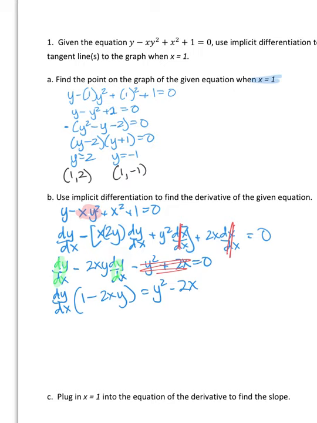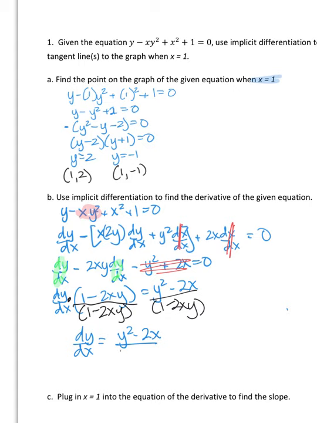What happens next? Remember, this is multiply. The inverse is to divide all by that. So our derivative of y with respect to x is y squared minus 2x over 1 minus 2xy.